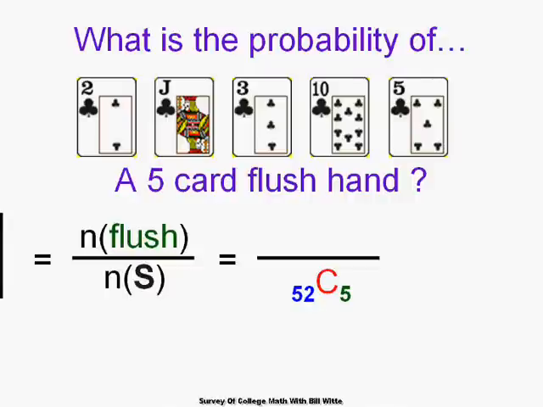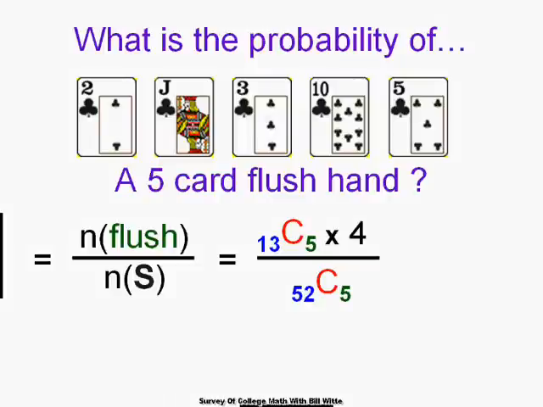Now, for getting a flush, and I say a flush of any suit, if I pick a specific suit, for instance clubs, I have to get all 5 cards from that suit. So I'm talking about a combination of 13 cards, there's only 13 clubs, taken 5 at a time. But I've only accounted for the clubs. Okay, how many suits do I have? Well, I have 4. So I have to take that number and multiply by 4.